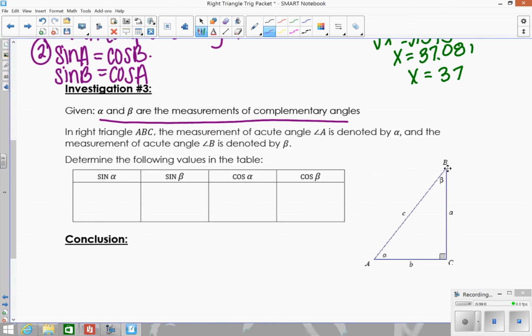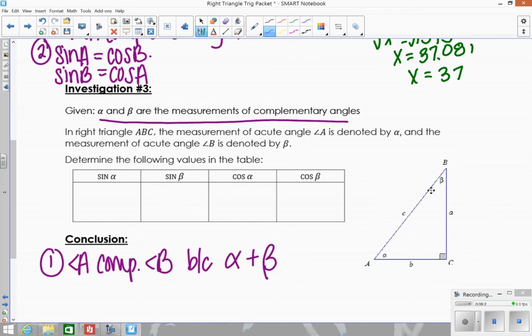They're complementary. So that's something we should make note of down here. Right away we can say angle A is complementary to angle B, because that's given to us, because alpha plus beta, which are representing those angles, equals 90 degrees. So the measurements of those angles have to add up to 90.